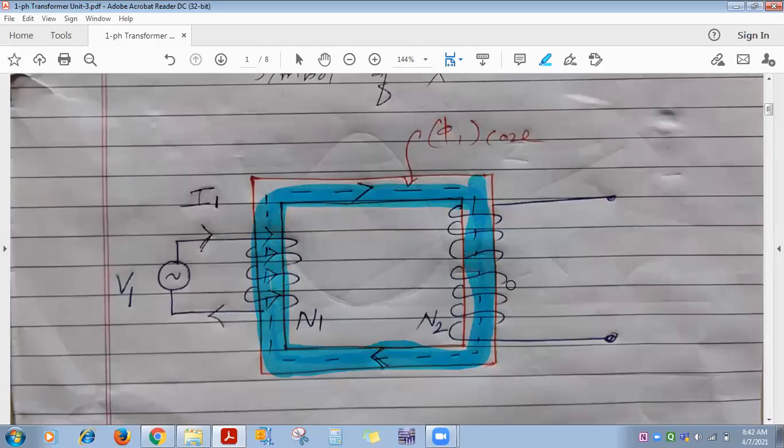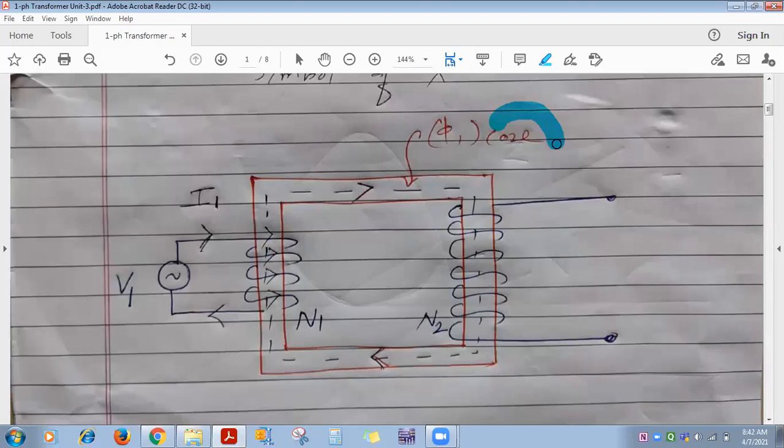So this changing magnetic flux comes in contact with the N2 number of turns, which are made up of copper. What will happen as per Faraday's law of electromagnetic induction? Alternating flux is coming in contact with the stationary copper secondary winding, N2 turns.